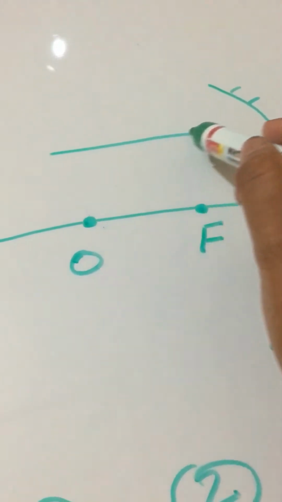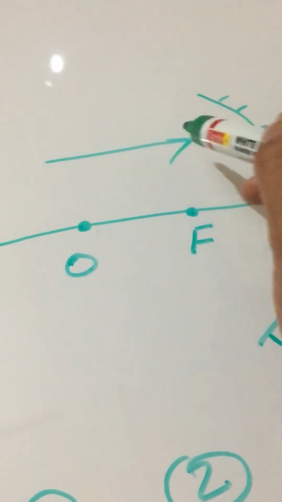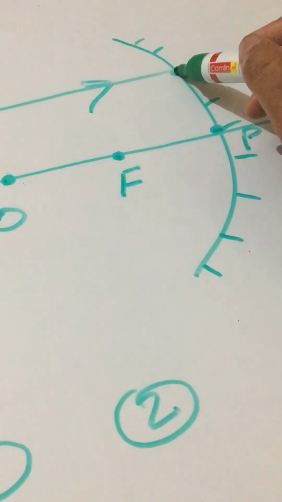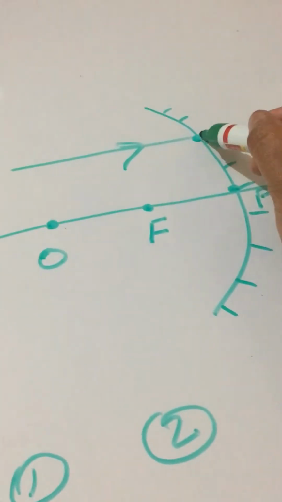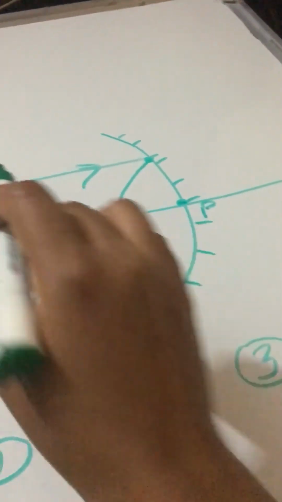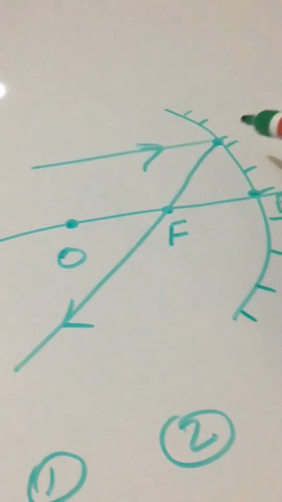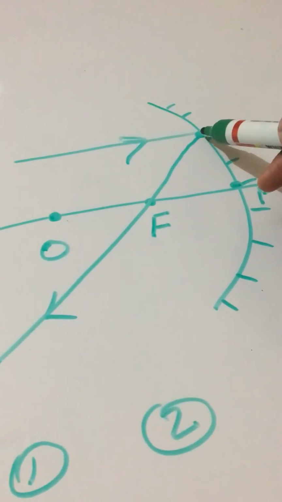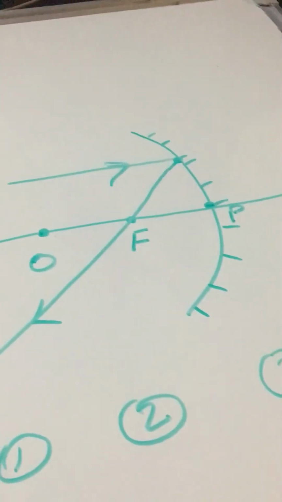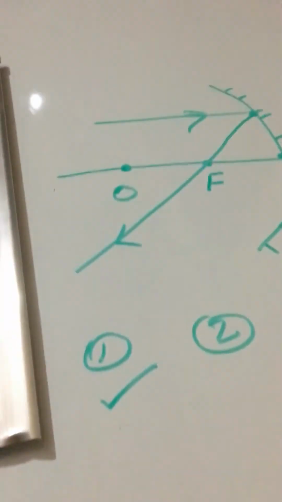If a line is parallel to the principal axis, then after striking the mirror, it should pass through the focus. That is rule number 1. This is the incident ray. After striking the mirror, it should pass through the focus. Rule number 1.